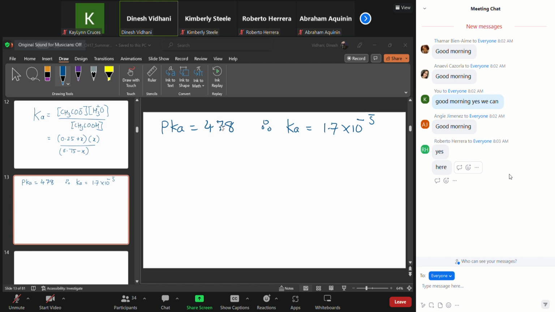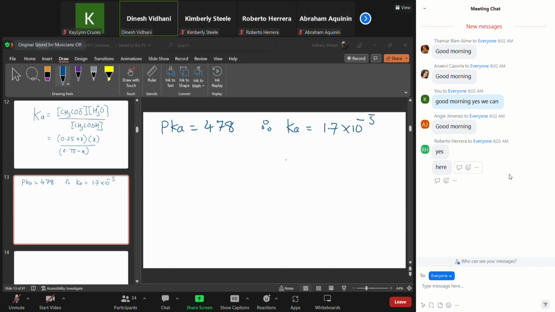And 4.78 is not exactly equal to 5, that's why we got 1.7. So that's how I did my math. I was off by a little, but I've been doing this kind of math and calculus a lot, so I can roughly figure out how that value would look. I'm just answering a question on the chat. Okay, so Ka, I got it.